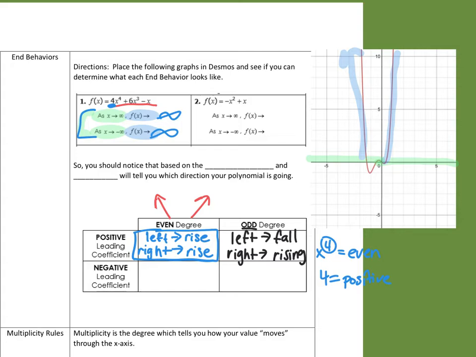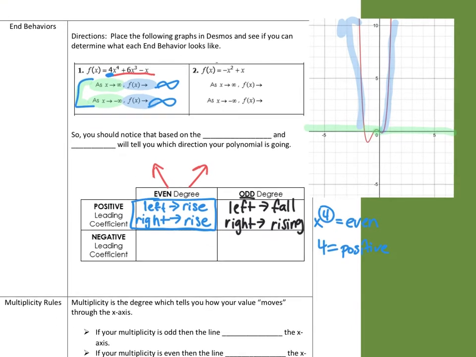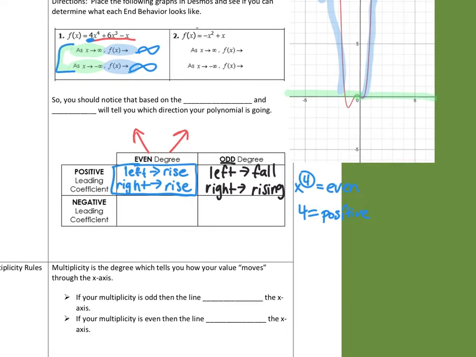And we've kind of seen that already with whenever we graphed those cubic functions, right? So whenever we graphed that y equals x to the third, okay, and it went like this, well, that had a positive leading coefficient, right, and an odd degree, so it made sense that to the left it was falling, to the right it was rising.